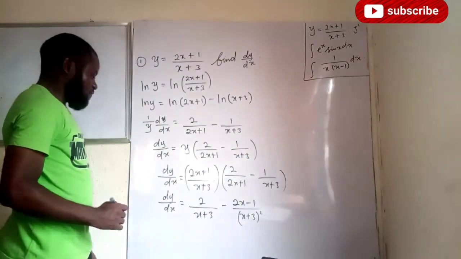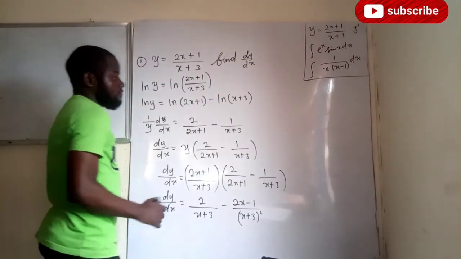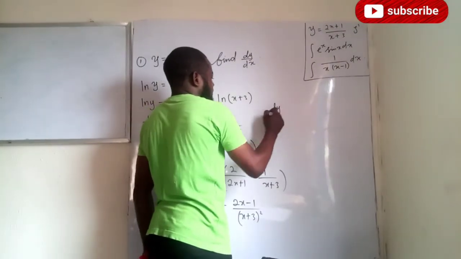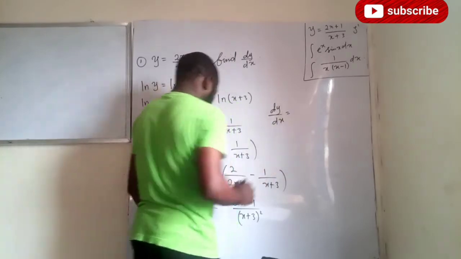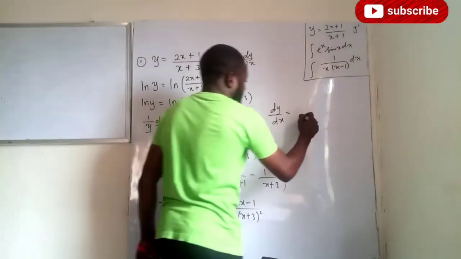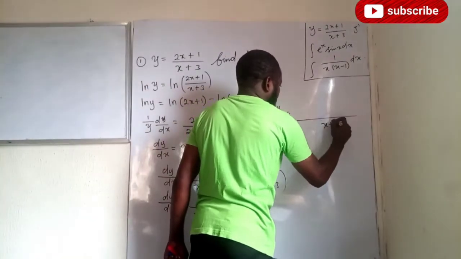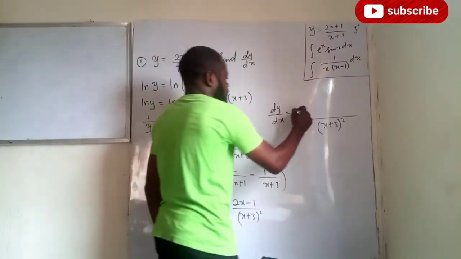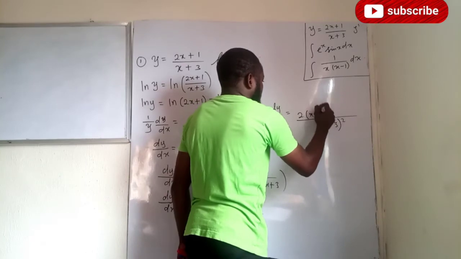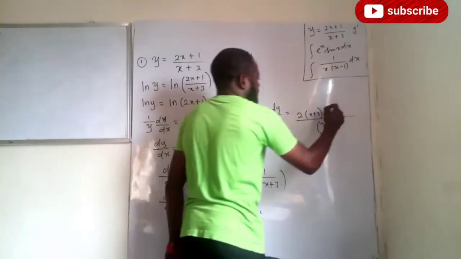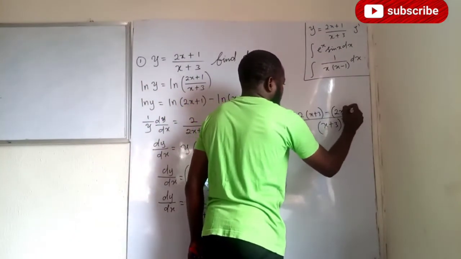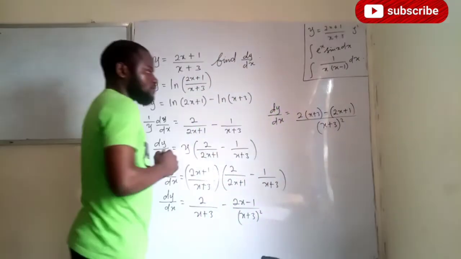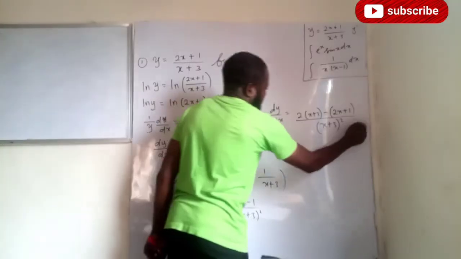If we are simplifying further, we therefore have that dy/dx equals, the LCM is going to be (x+3) all squared, and this would be 2 times (x+3) minus (2x+1). And this is our final result.